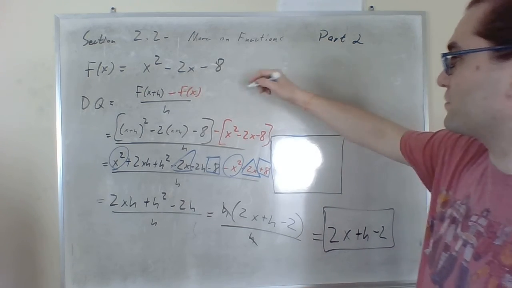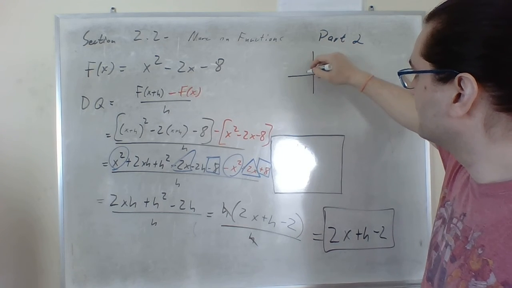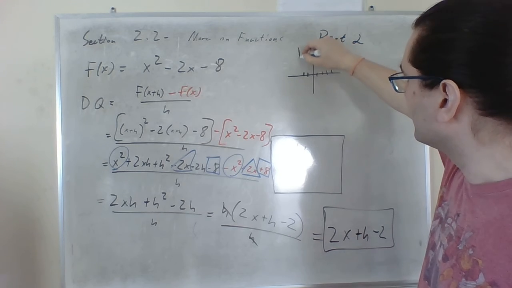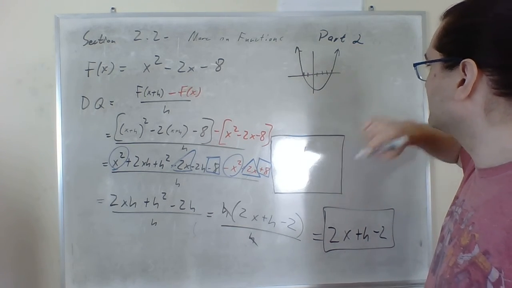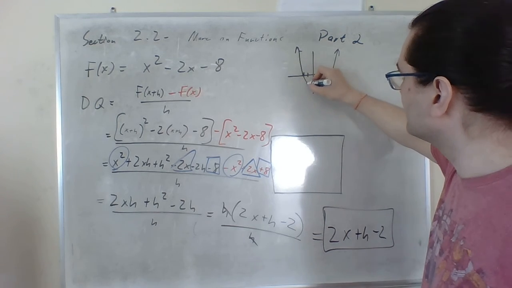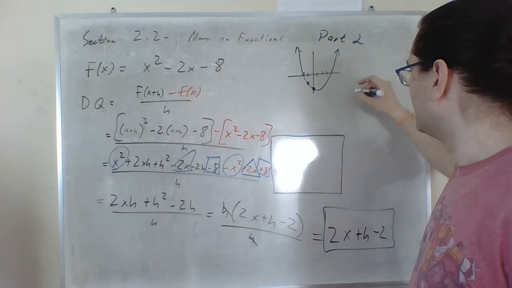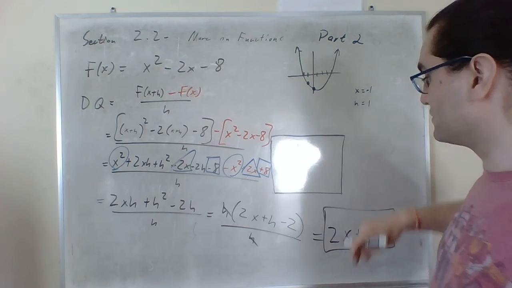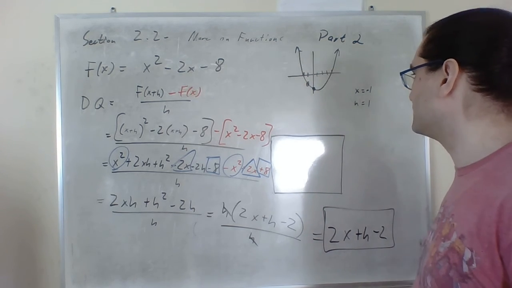So if you're looking at this parabola right here, which I think does something like this, if you wanted to find the slope between x equals -1 and x equals 0, you could say x equals -1 and h is +1, because again, h is just the distance away from the first point that you're using.